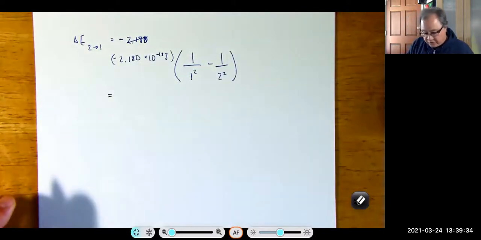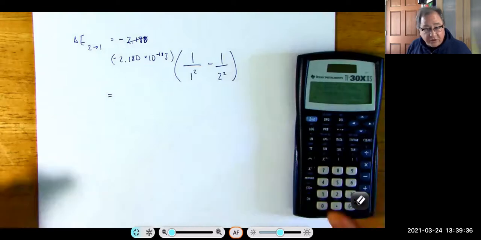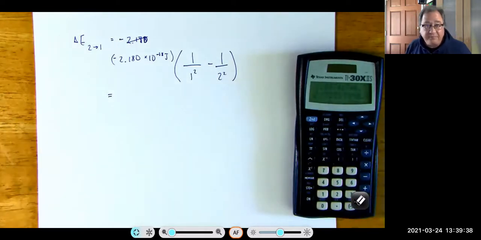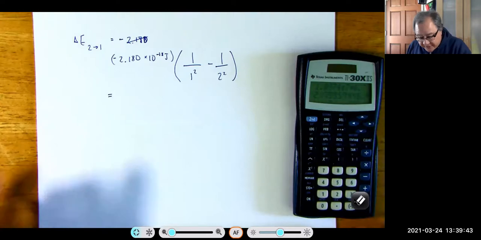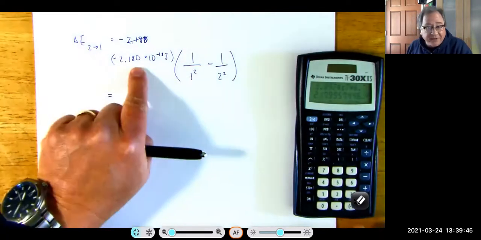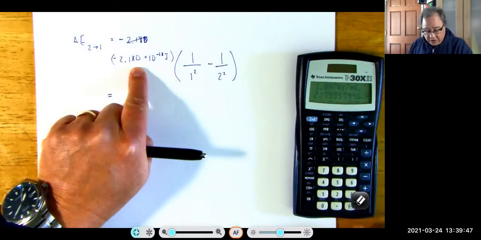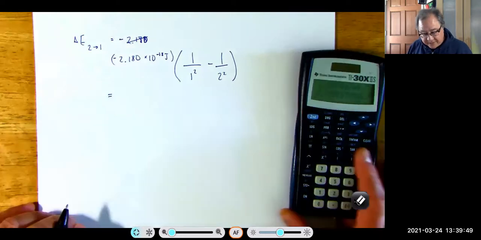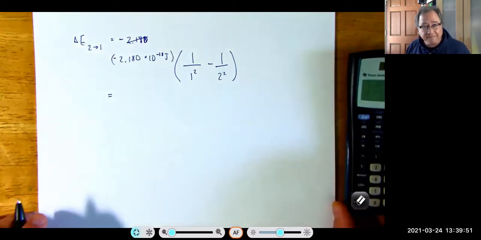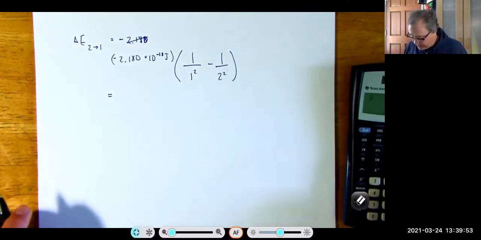And you know that 1 over 2 squared is 1/4, right? And 1 over 1 is 1. So this is basically going to be 0.75 times this value. So it should be about 1.5 times 10 to the minus 18 or something like that.